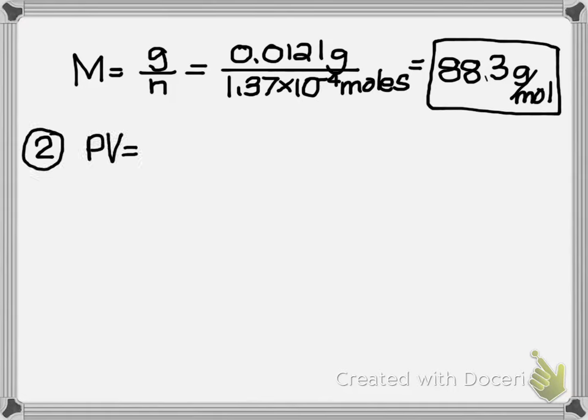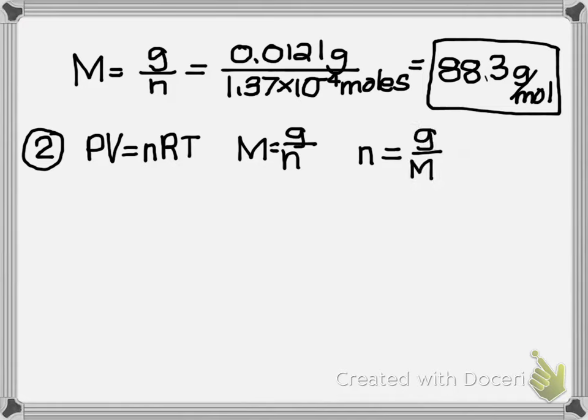So I know that PV equals nRT, and I know that the molar mass, which they're asking me to find, equals grams over n. Whoops, sorry. Not g over g, grams over n, the number of moles. If I rearrange that, the number of moles equals grams over the molar mass.